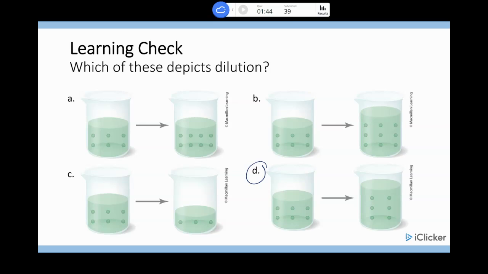Why is D dilution? The amount of solute stays the same. Yeah. So the amount of solute stays the same, 6 particles here, 6 particles here, but we've increased the volume, so we've added solvent to increase the volume. So volume increased, number of solute particles did not. So D is our dilution.